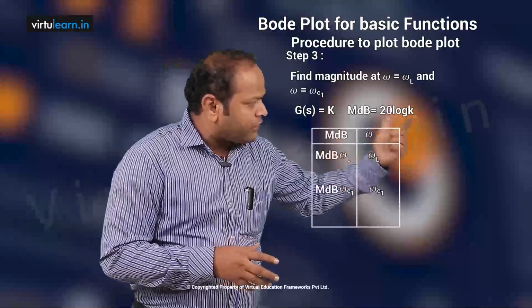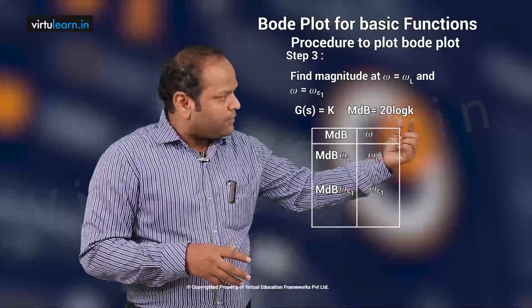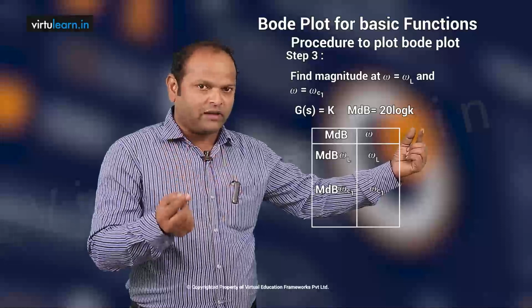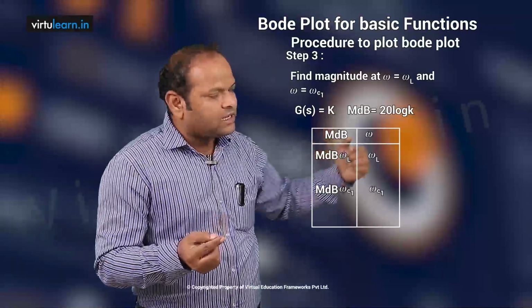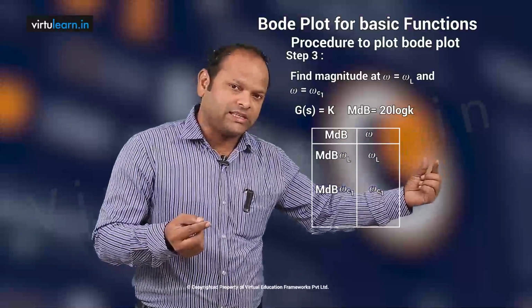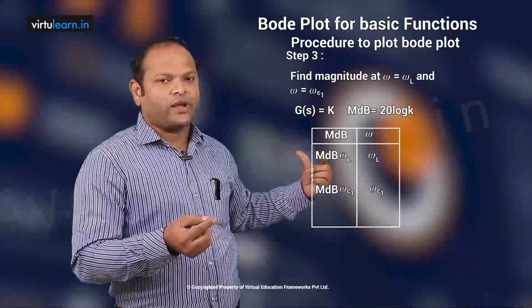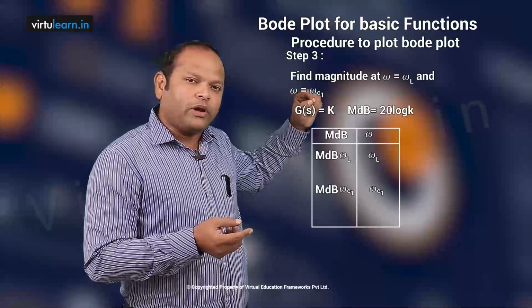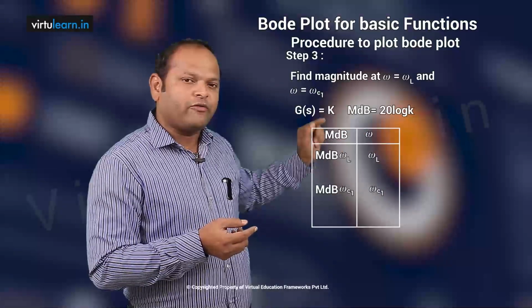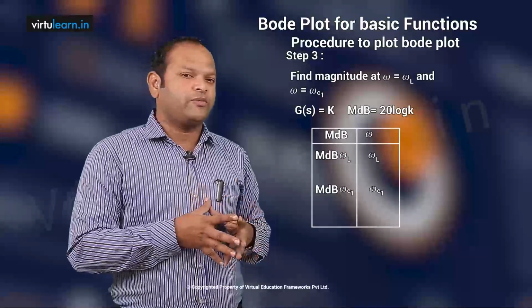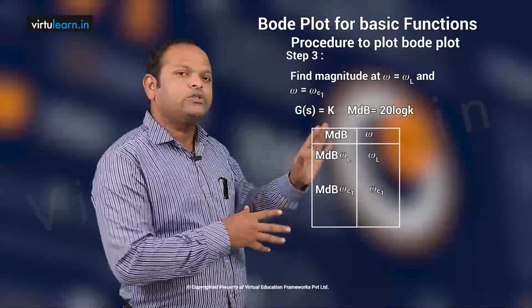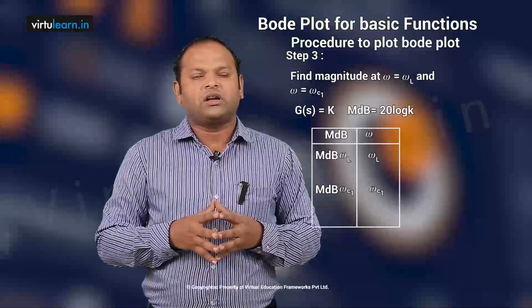In place of omega I will substitute omega L first and get MdB omega L. Then in the second case, in place of omega I will take omega C1 and get MdB omega C1. Therefore I have MdB for omega L, MdB for omega C1, and also omega L and omega C1. So we will find this information in this step using the first term of the transfer function.